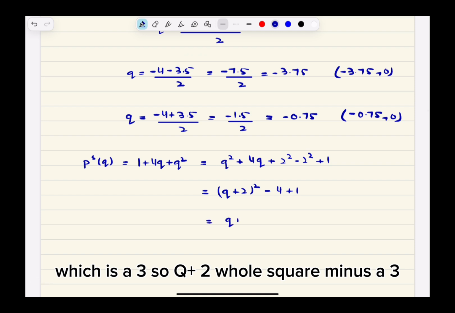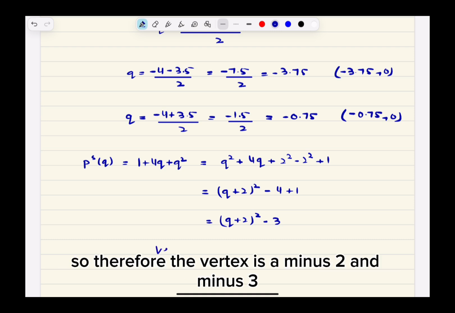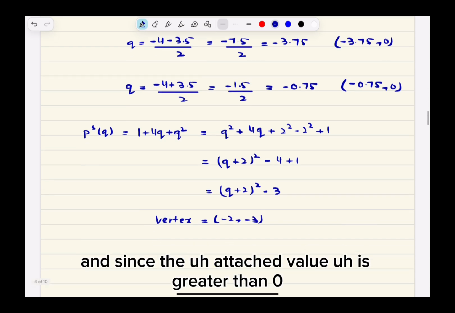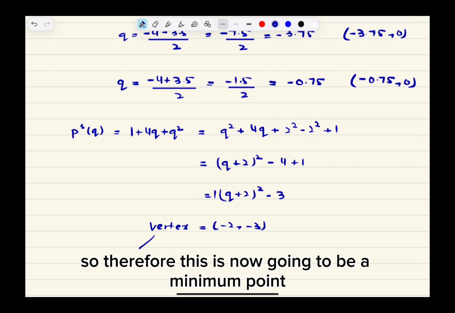So (q + 2)² - 3. Therefore the vertex is (-2, -3). And since the coefficient of q² is greater than 0, this is going to be a minimum point.